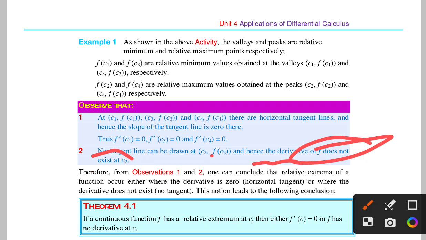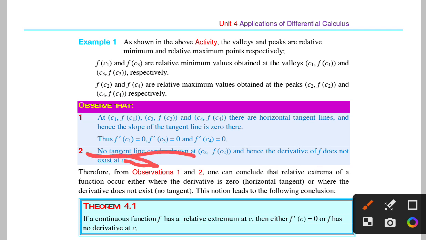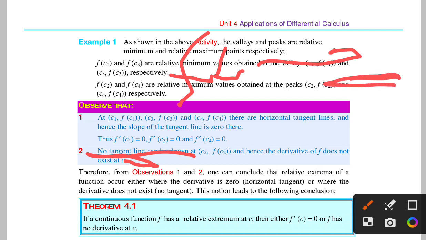The derivative exists given f of x from the left and from the right are equal. When the limits from the left and from the right are unequal, the derivative doesn't exist.